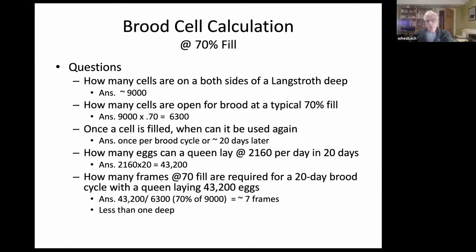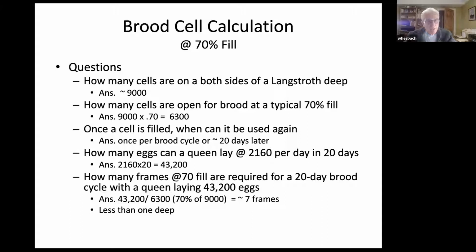Keep that in mind next time you do your inspections in the spring. You'll see these 7 frames in there, or maybe 8. They don't have to be in one brood box.